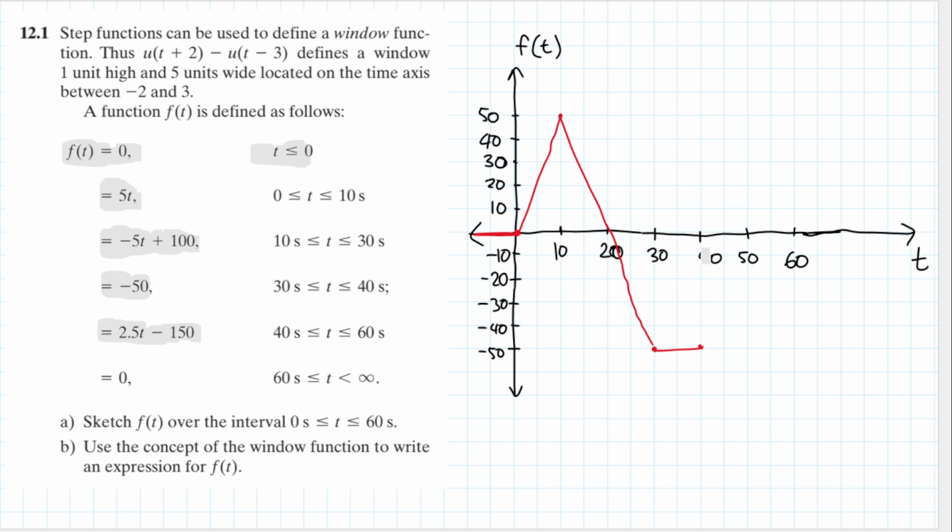When it is 40, it should be minus 50. Let's plug that in: 100 minus 150, that is minus 50. And then we need to plug in this 60. When we plug 60 here, we will have 150 minus 150, and that is 0. So we will have 0 here. Let's draw a line between this point and that point.